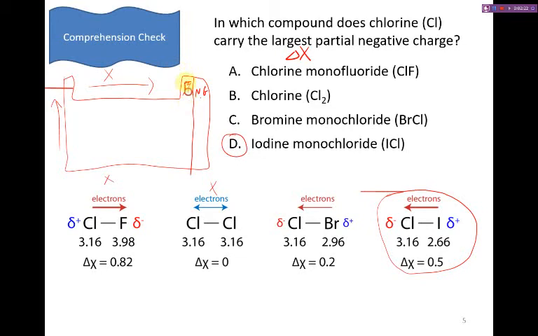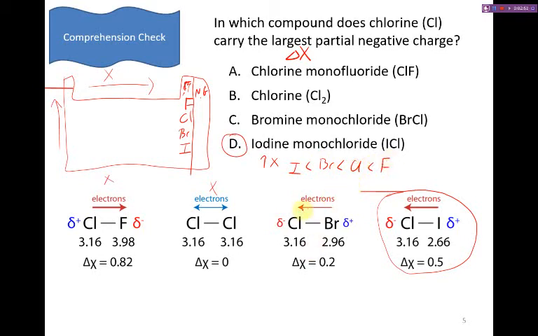So the most electronegative element is fluorine. Let's put that down here. We have fluorine. Chlorine is underneath it on the periodic table, and then bromine, and then iodine. And so you would need to be able to compare them, knowing that in terms of increasing electronegativity, iodine is least, bromine is next, chlorine is next, and then fluorine is next.